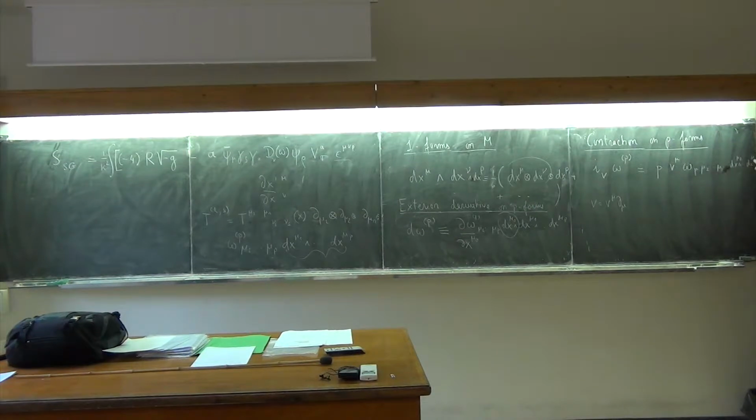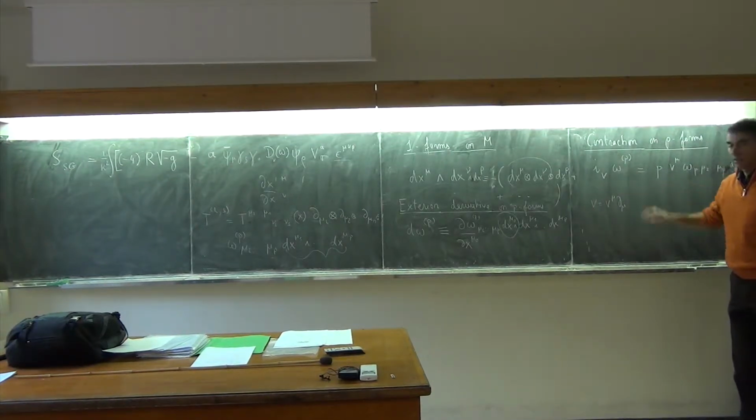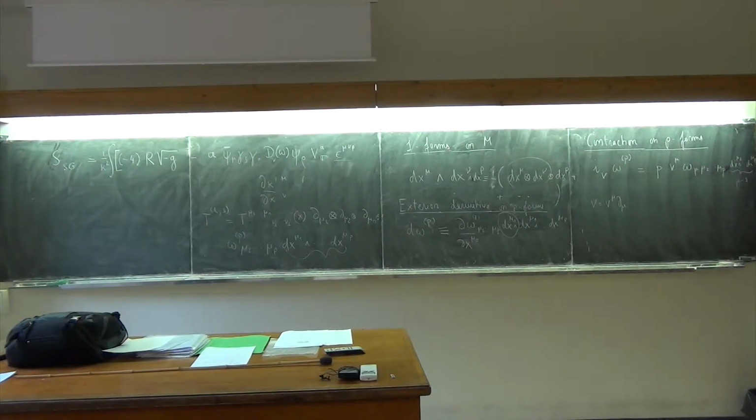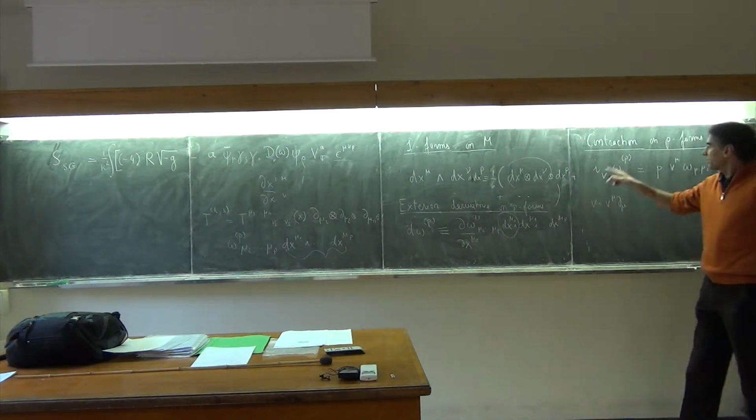Mu p, you're right. Totally right. And so here you see there is a p minus 1 form basis element, and so this is a p minus 1 form. So this decreases the degree of the p form by 1. Okay. Exterior derivative raises, contraction lowers.